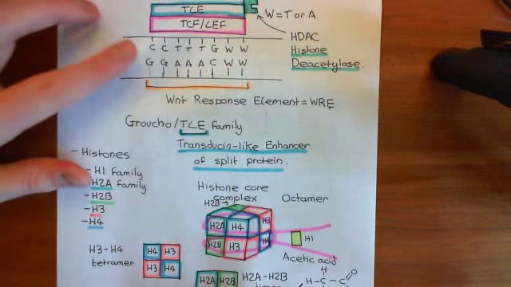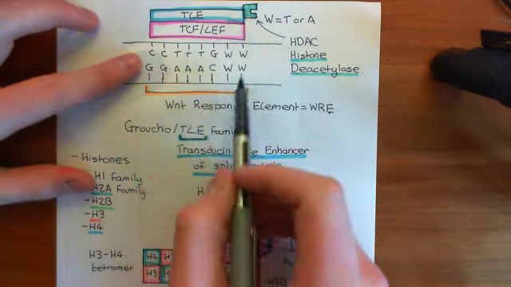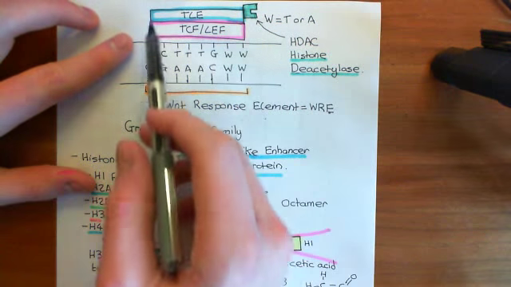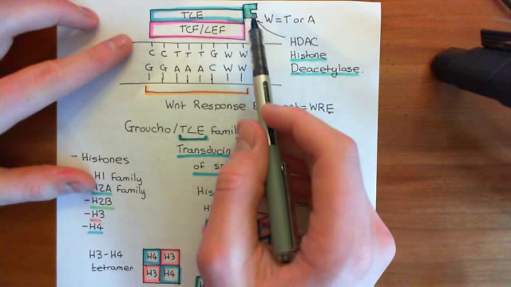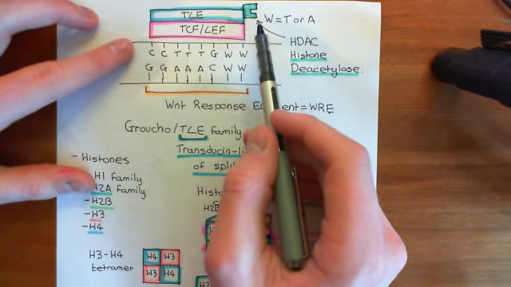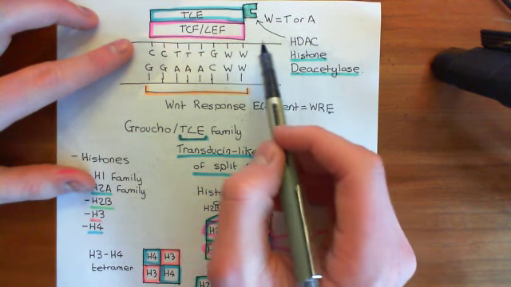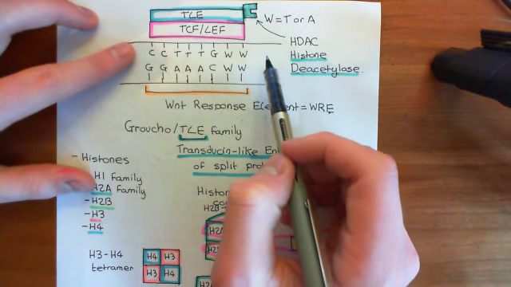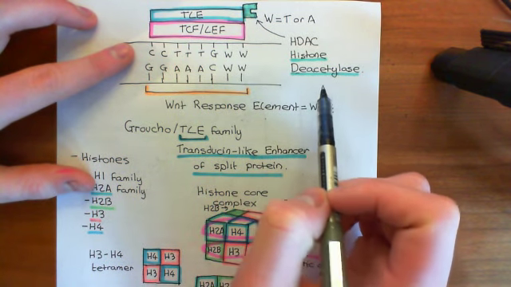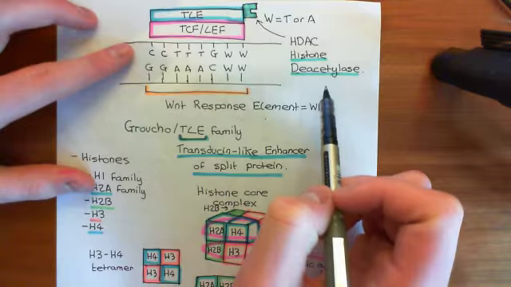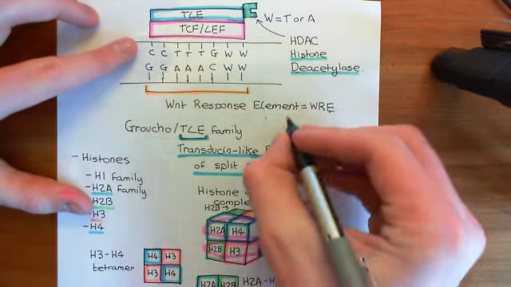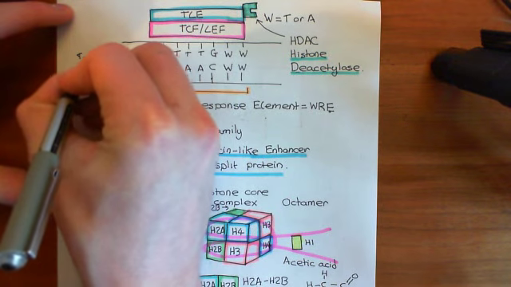So if you've got a promoter region which has one of these Wnt response elements within it, then you're going to assemble this complex. The histone deacetylase is going to deacetylate the local histones, which causes the DNA to wrap more tightly around the histone core complexes, and that means that the downstream gene is less likely to be transcribed. So at the moment, this transcription factor is acting as a transcriptional repressor.